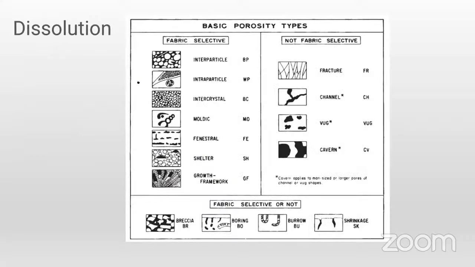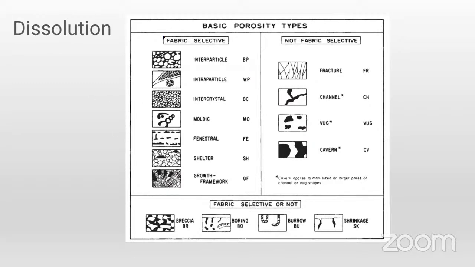Look at this type of dissolution. In carbonates, we have these types of porosity, for example, interparticle, intraparticle, intercrystalline, moldic, fenestral, shelter, and growth framework.